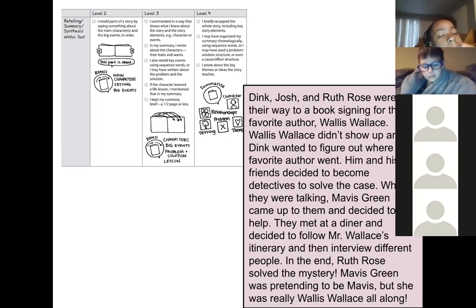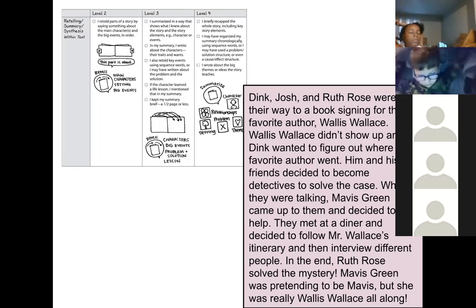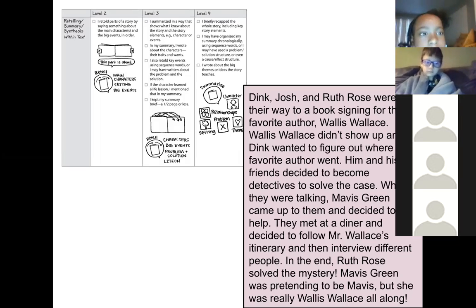Him and his friends decided to become detectives to solve the case. While they were talking, Mavis Green came up to them and decided to help. They met at a diner and decided to follow Mr. Wallace's itinerary and then interview different people. In the end, Ruth Rose solved the mystery. Mavis Green was pretending to be Mavis, but she was really Wallace Wallace all along.